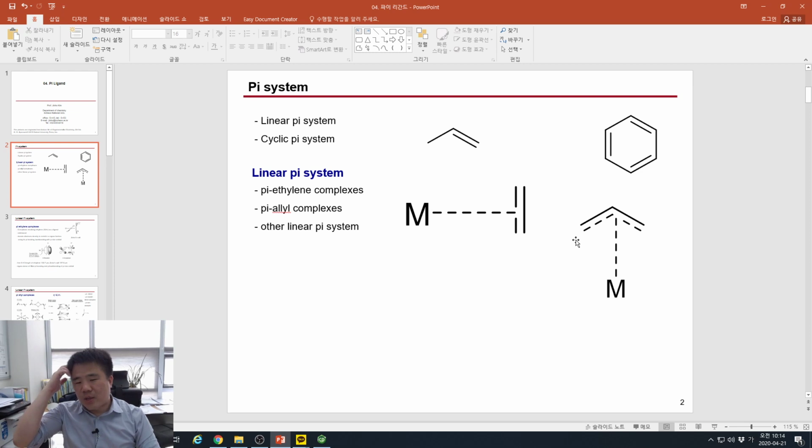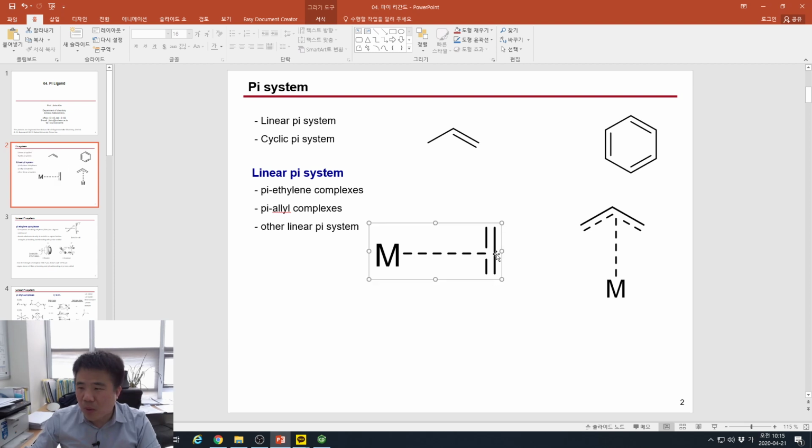If you think about why we are talking about organometallic complexes and why we are talking about the CO ligand and pi ligand, the important purpose is to understand organic reactions using transition metal. So if a double bond or allyl can coordinate to transition metal, some nucleophile can attack this carbon to make something.